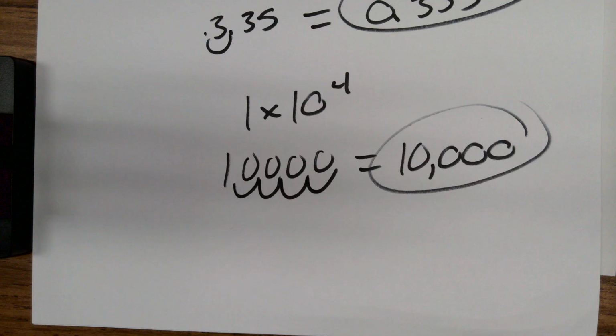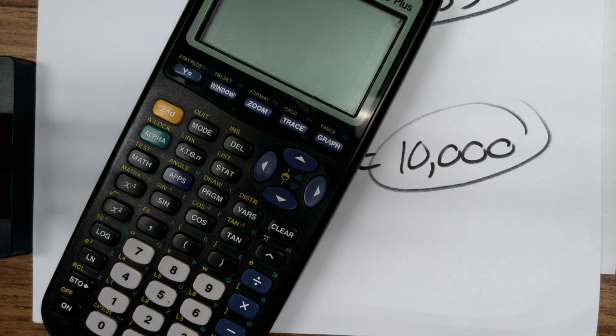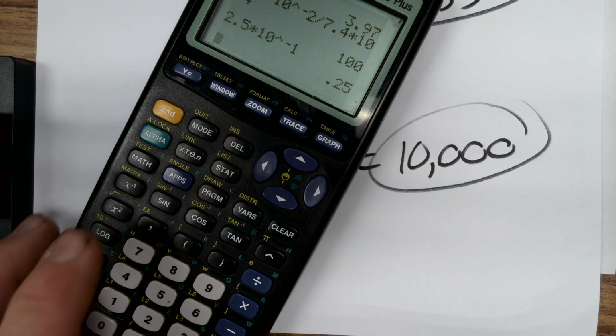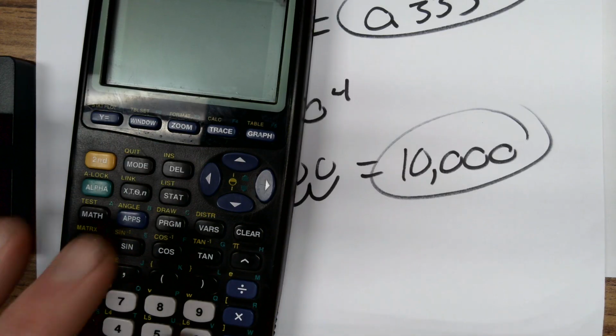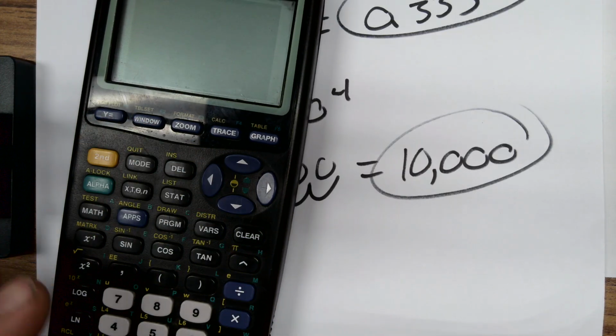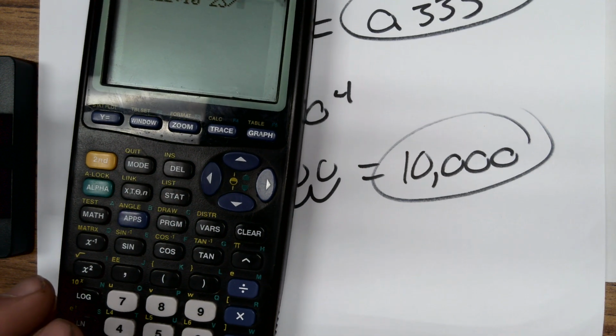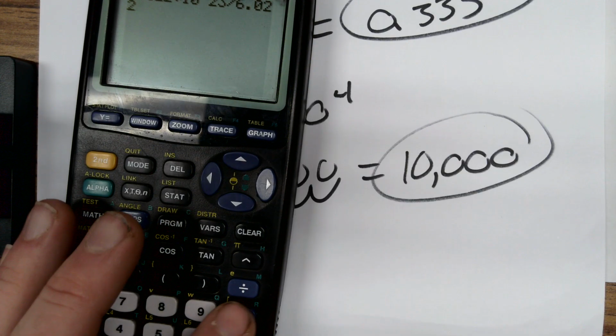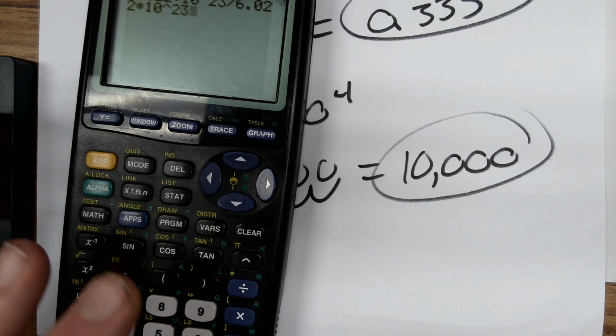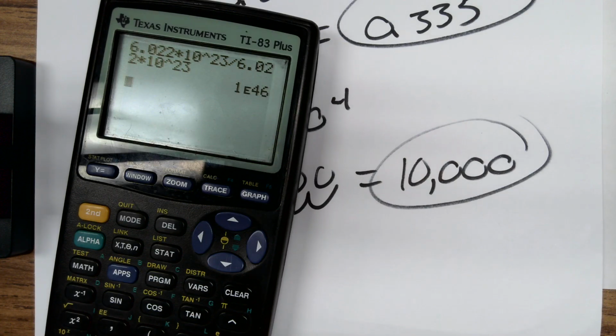Now, we will talk about the E function on our calculator, because when we start doing math with scientific notation, if I type in 6.022 times 10 caret 23 divided by 6.022 times 10 caret 23, I'm going to get some wild, crazy number.